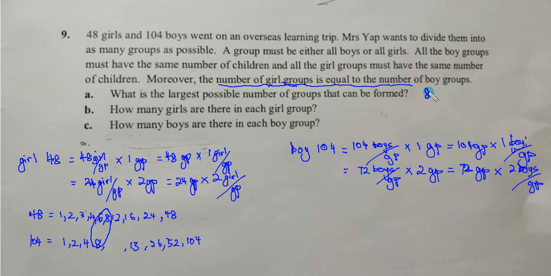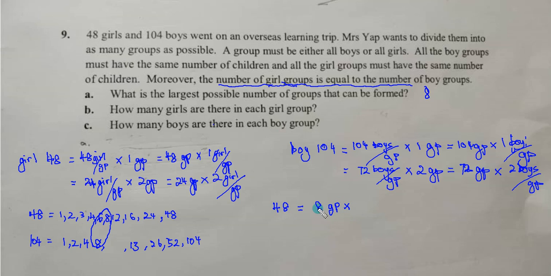Now the girl groups, how many girls are there in each group? Now we look at the girls, 48, equal to 8 groups.